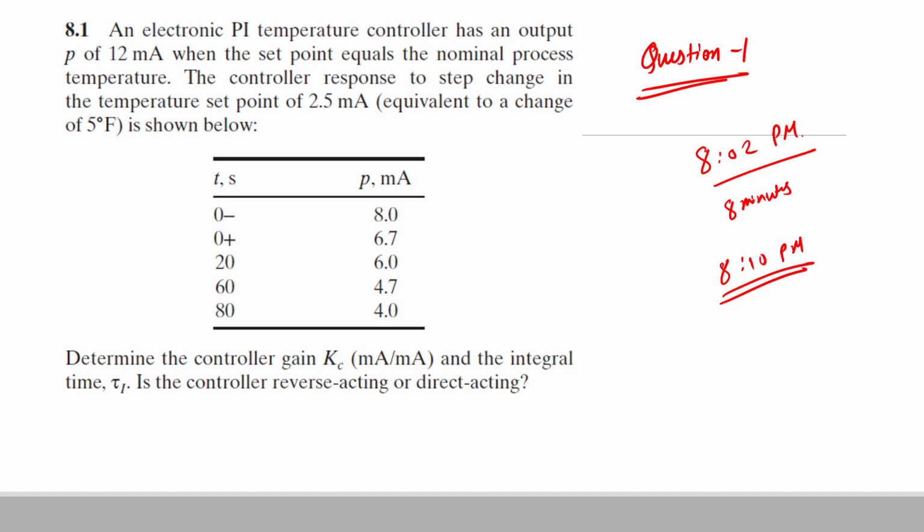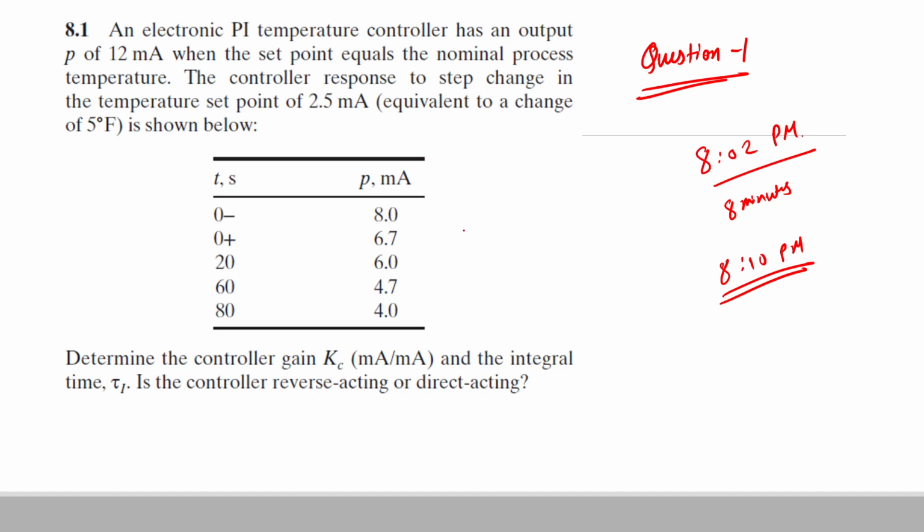The question is: an electronic PI temperature controller has an output of 12 milliampere when the set point equals the nominal process temperature. The controller responds to a step change in the temperature set point of 2.5 milliampere, equivalent to a change of 5 degrees Fahrenheit, as shown below.